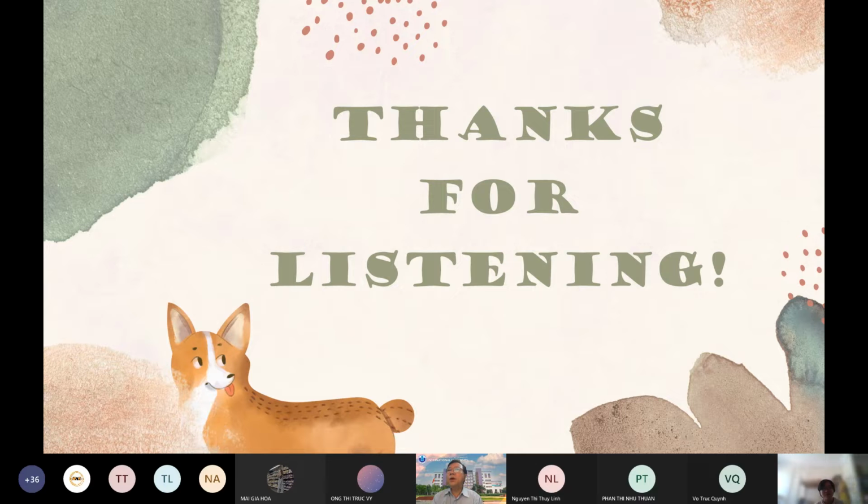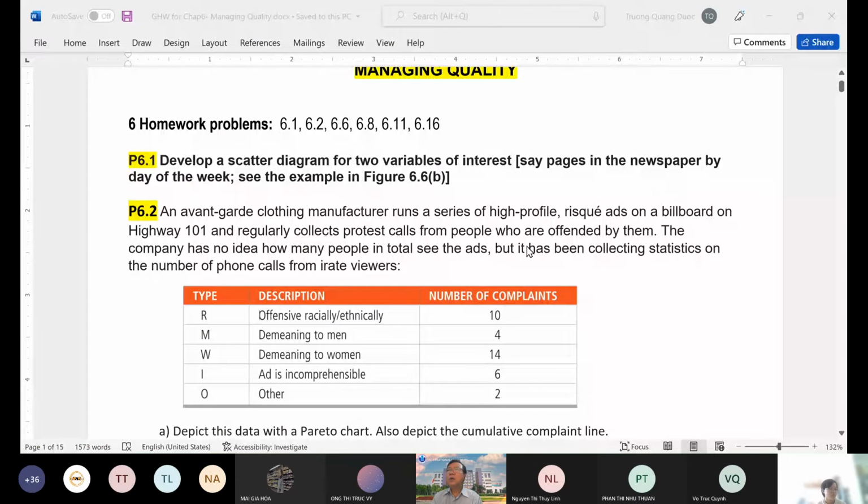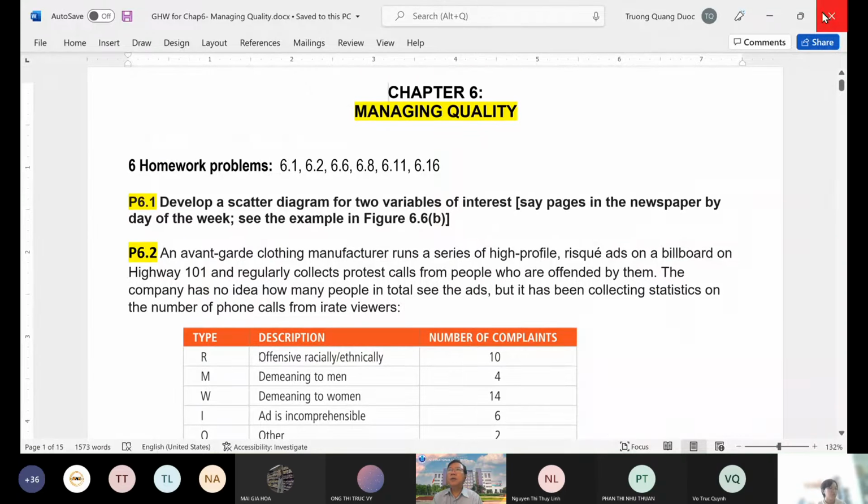Em lấy cái file ra, okay. Okay, student, you can see the slide. Oh, let me see. Let me check this one. It's better. Okay, sorry.